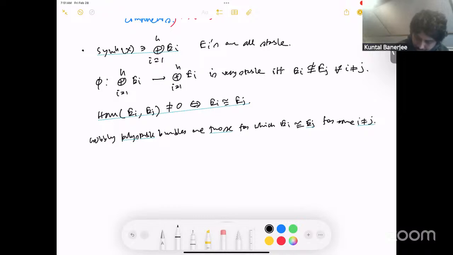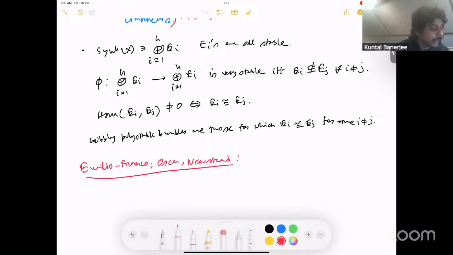So this is the PhD thesis work by Emilio Franco Gomez, and he was advised by Oscar, and their joint work was with Newstead. They published papers on that.